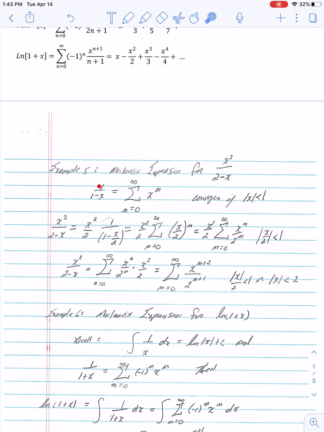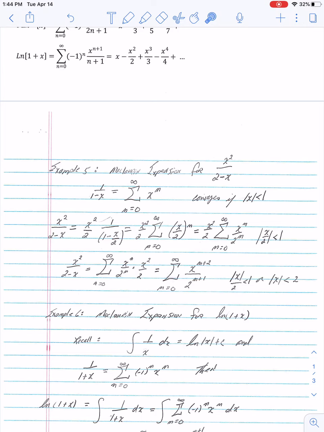And now compare this piece with this piece. Everywhere I see an x here, I want to replace it with what? x over 2. So when I do that, I get the x squared over 2. Then I'm going to write this series, summation n running from 0 to infinity of what? Well, everywhere I see an x here, I replace it with x over 2, so I get x over 2 to the n.